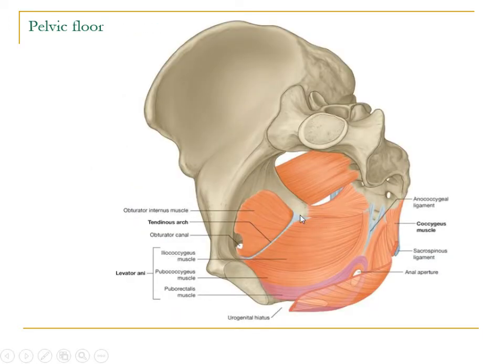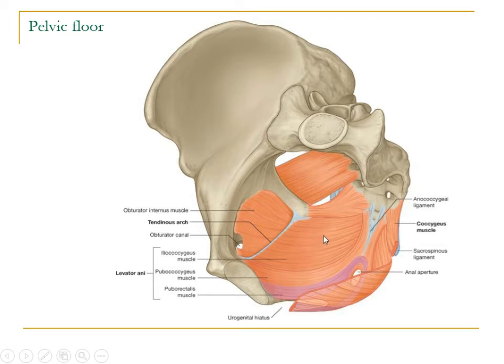This pelvic outlet and the different foramina are guarded by different muscles. The obturator foramen is guarded by the obturator membrane, and lying over it is the obturator internus muscle. The greater sciatic foramen is covered by the piriformis muscle.